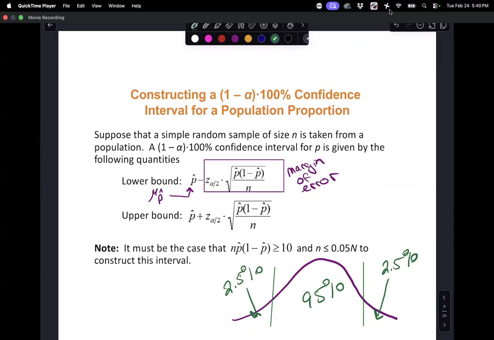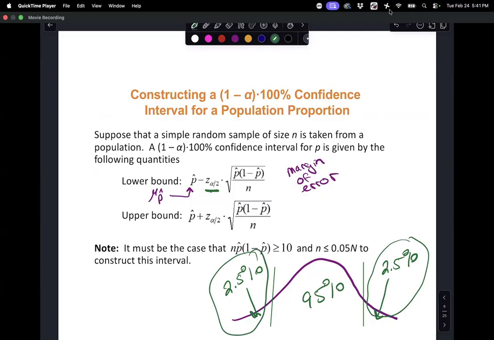That's why this z-score says z sub alpha divided by 2, where alpha is the space remaining. So that 5% remaining, we're dividing in half. Our z-score is based on that 2.5% that's left.